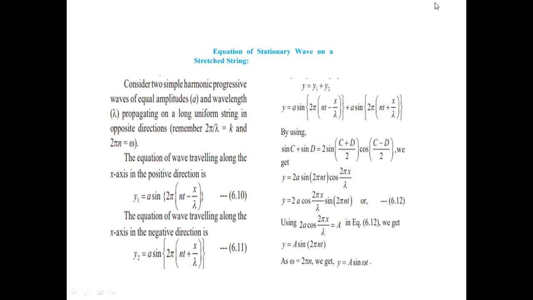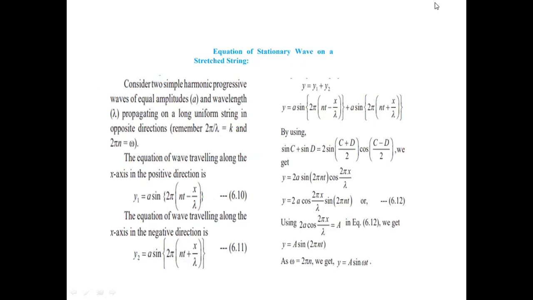Now let us study how to derive the equation of a stationary wave on a stretched string. Consider two simple harmonic waves of equal amplitude small a and wavelength lambda traveling along the string in opposite directions. You know that 2 pi by lambda is equal to k and 2 pi n is equal to omega.